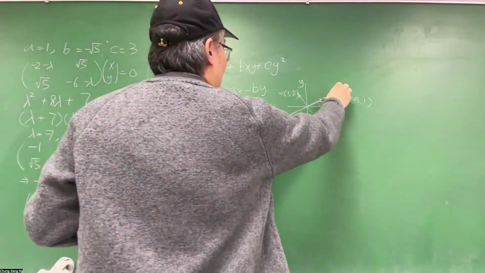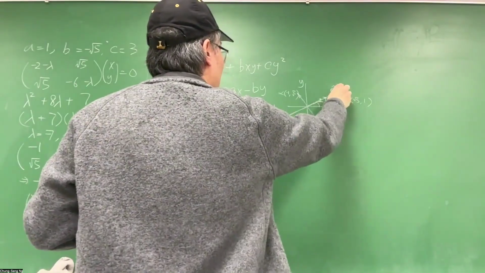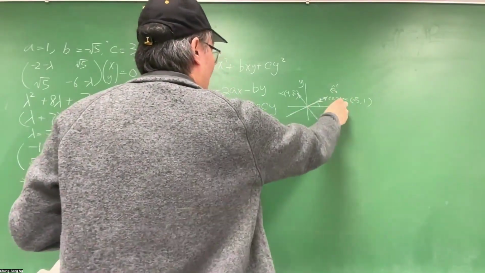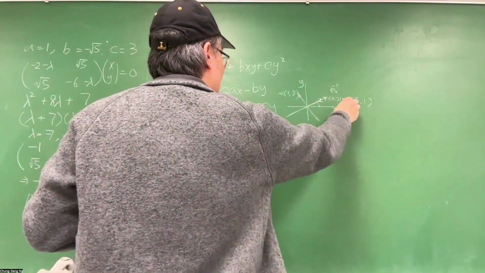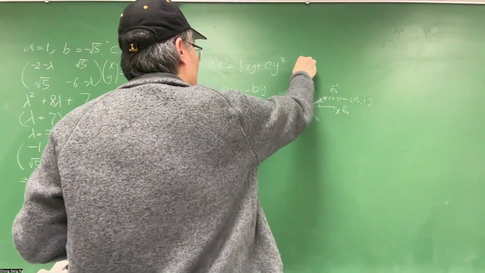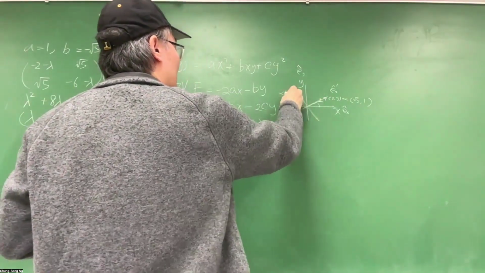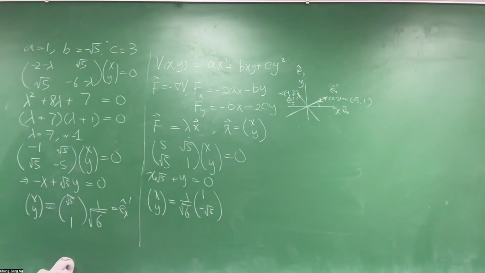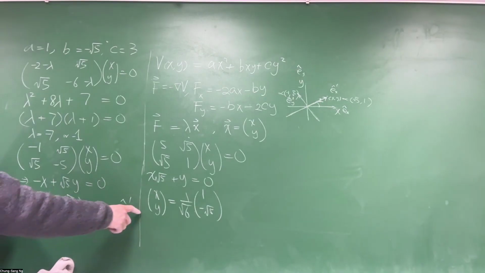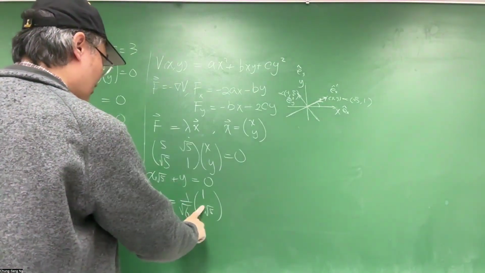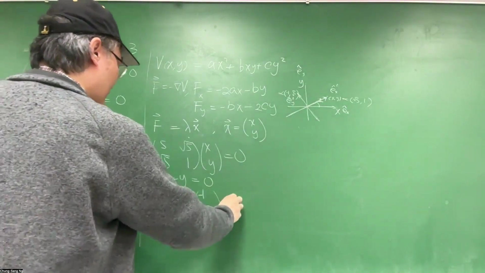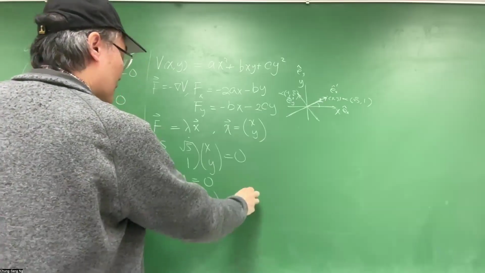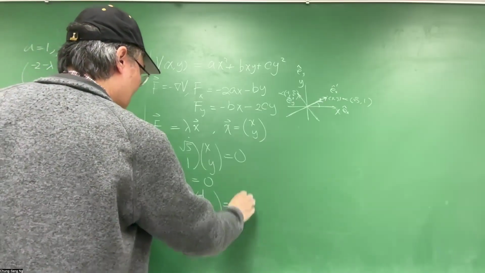So this will be your EX prime. Originally you have the unit vector EX in this direction and EY in this direction, and this will be proportional to EY prime. Now you use the -1, this will be EY prime.